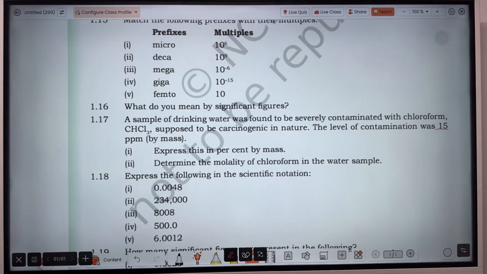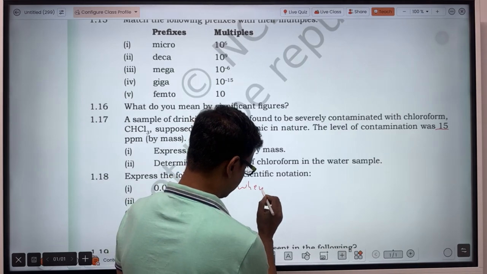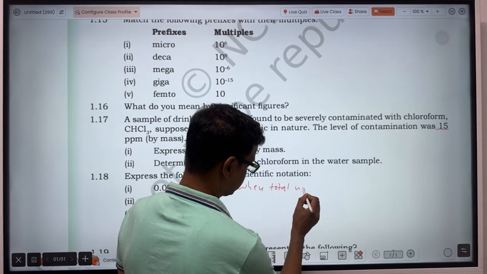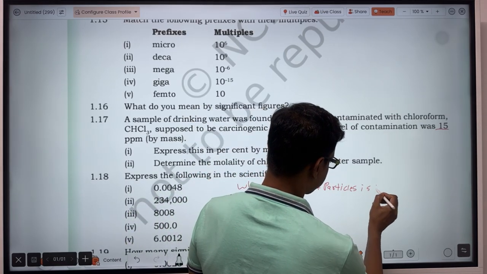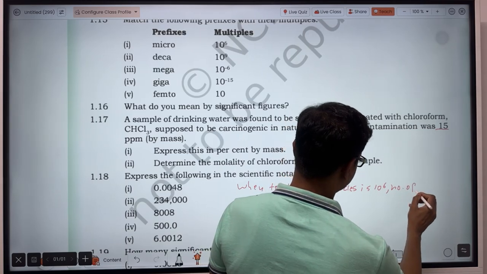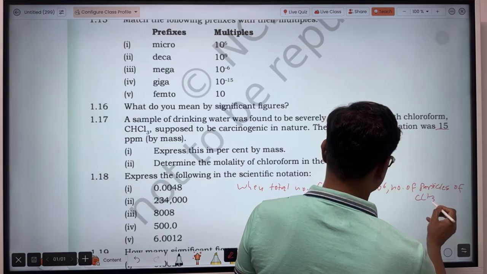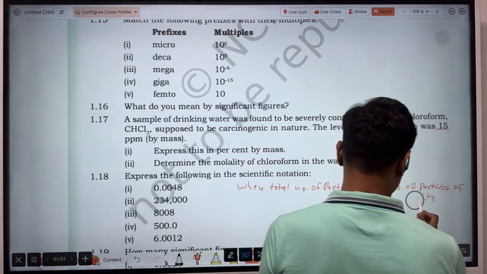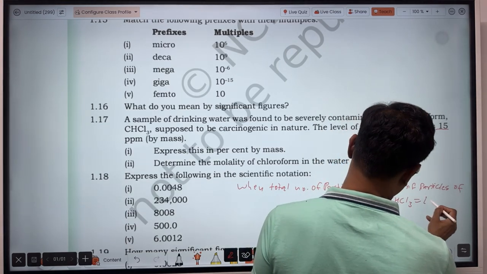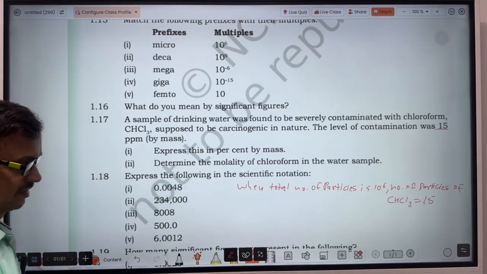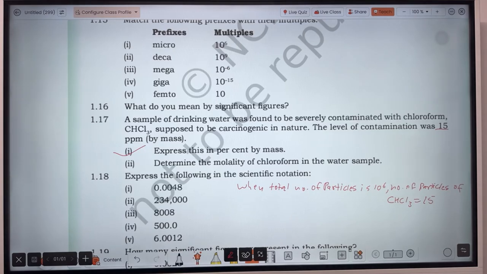So when the total number of particles is 10 power 6, the number of particles of chloroform is 15. That means in percent terms, when you have percent term, you will have to find out.